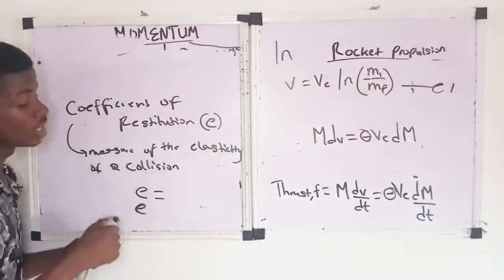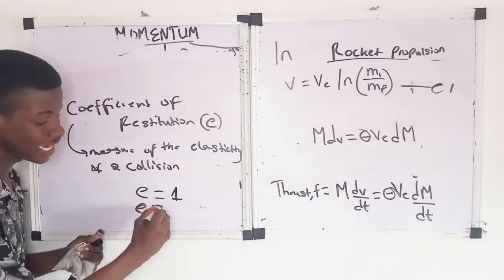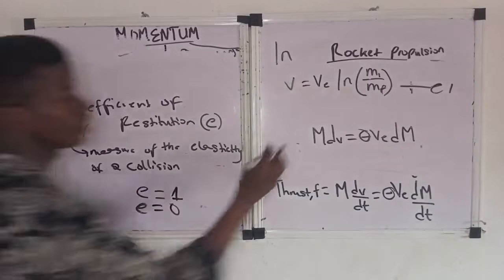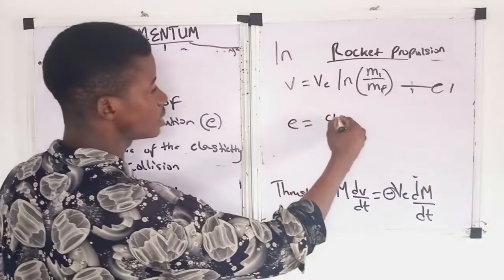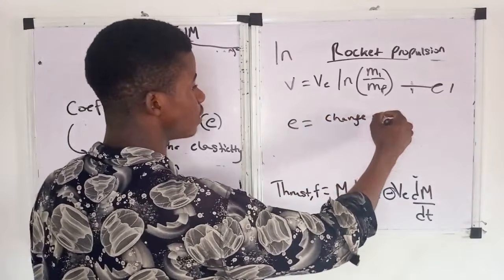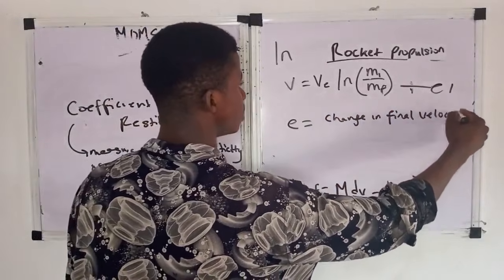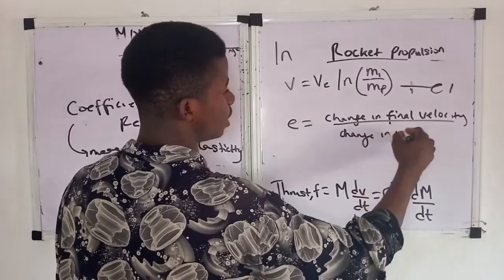So for an elastic collision, the coefficient of restitution is 1. For an inelastic collision, it is 0. So what's the formula? The coefficient of restitution is equal to the change in final velocity over the change in initial velocity.